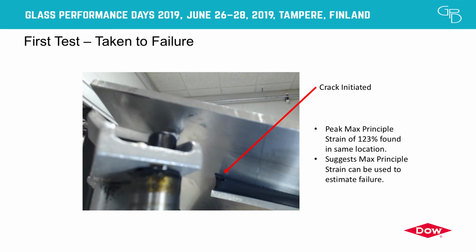So kind of first off the bat, we've got a good correlation here that maybe something in our FE model is a good predictor of durability. And it can be used to perhaps help estimate failure or potential for failures in these types of applications.